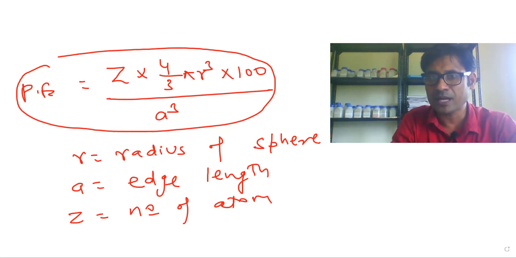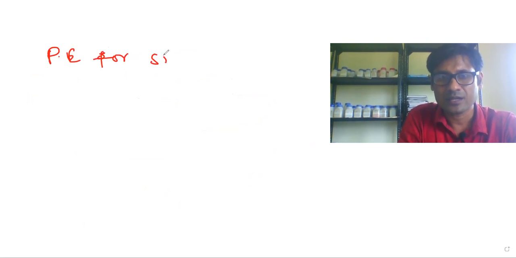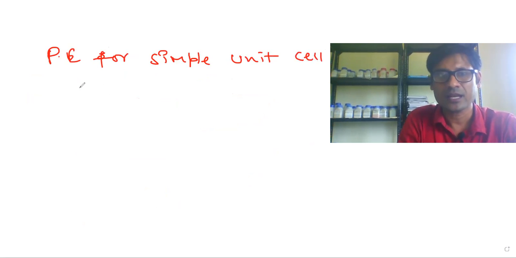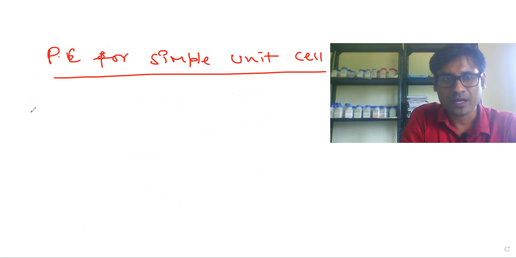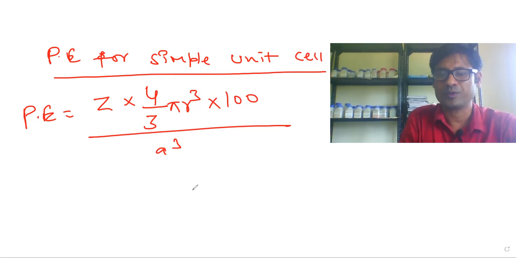तो अप्लाई करेंगे हम अलग अलग यूनिट सेल पे. तो फर्स्ट इज फॉर पैकिंग एफिशिएंसी फॉर सिंपल यूनिट सेल. क्लियर? सिंपल यूनिट सेल के लिए पैकिंग एफिशिएंसी इज इक्वल टू z इंटू 4/3 पाई r क्यूब into 100 upon a cube.